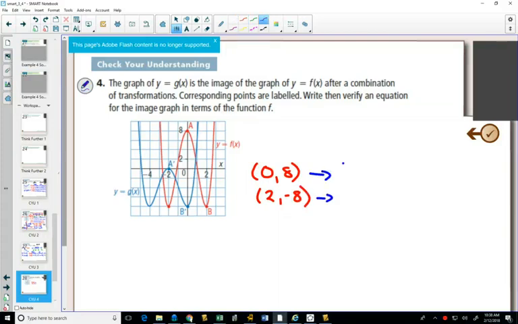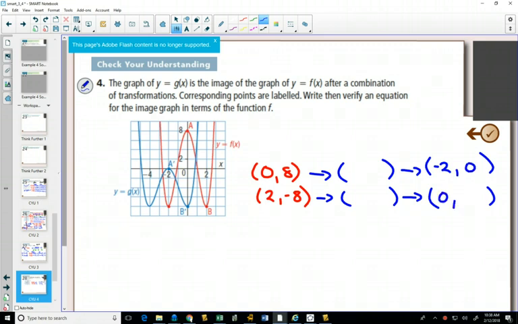Something happens. This is just to help you visualize it. And that point A ends up at (-2, 0), and the point B ends up at (0, -8).